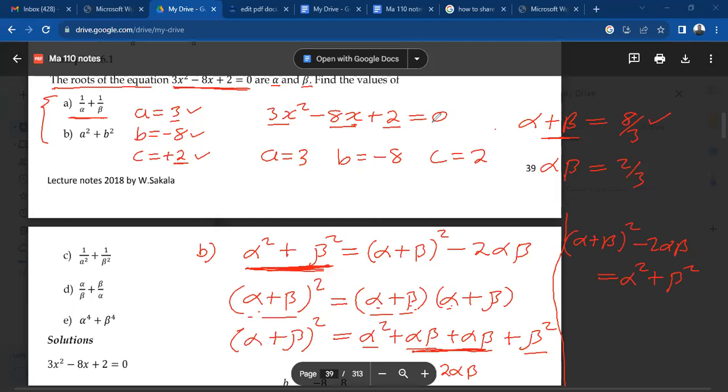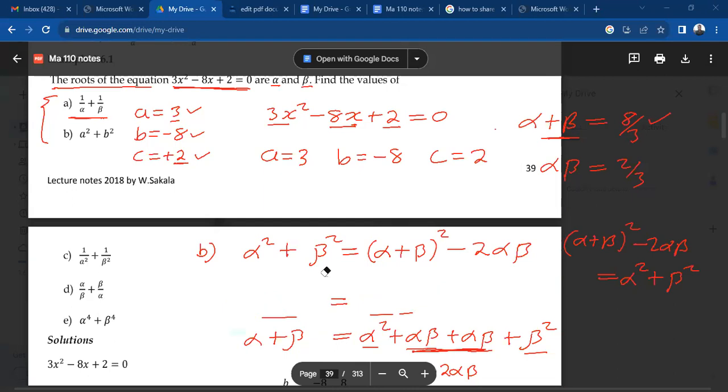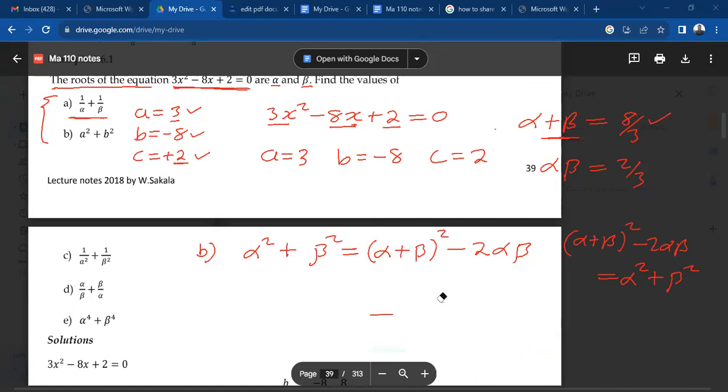Those that want to know how to deduce, I've just done that. But for those that are lazy and don't want to deduce, you should know that alpha squared plus beta squared is equal to alpha plus beta squared, then minus 2 alpha beta.